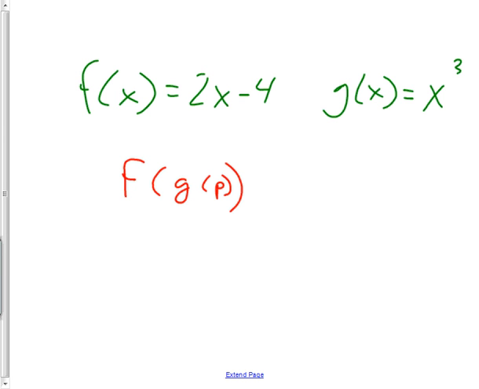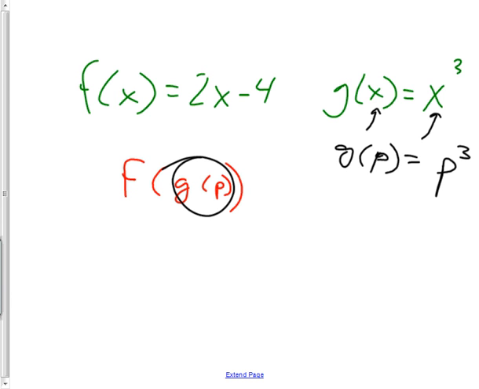For those that are stuck, how do I start? Just tell me how to start. Figure out g of p. I take the p and I stick it in there. So what is g of p equal to? P cubed. So wherever I have a g of p, I can put a p cubed.